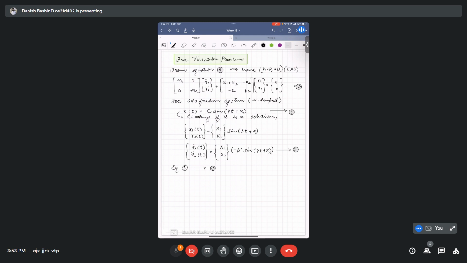When we substitute it there and collect the necessary terms, we have the mass matrix m1 p square, 0, 0, m2 p square, times x1 x2, plus the stiffness matrix k1 plus k2, minus k2, minus k2, k2, times x1 x2.